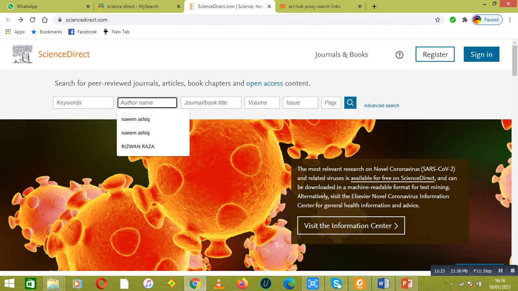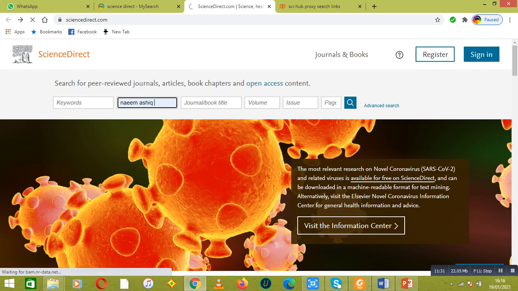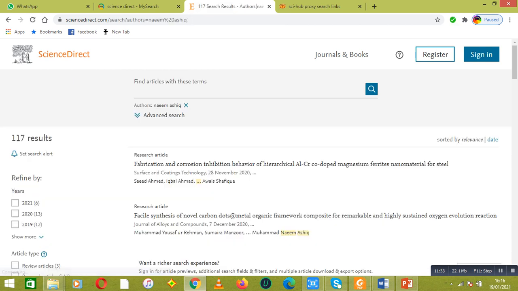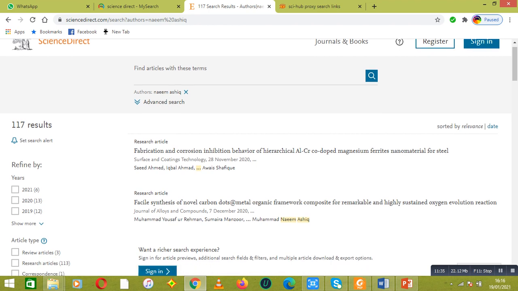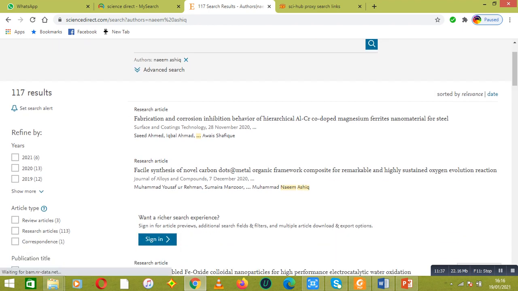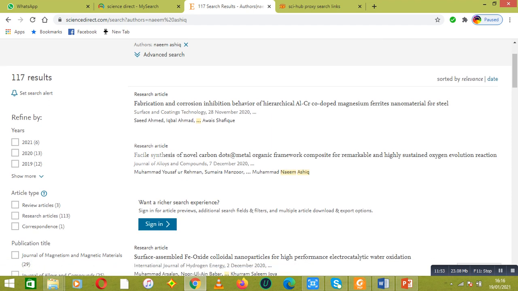Here you can see there are six papers in different categories and different areas of publication, such as a metal organic framework paper, and colloidal nanoparticles for electrocatalytic water splitting, oxidation, etc. So these are the different papers which belong to the author. The next one is journal or book title.